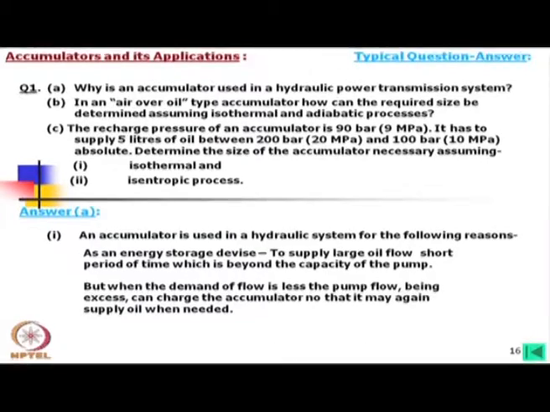But when the demand for flow is less, the excess pump flow can charge the accumulator so that it may again supply oil when needed.